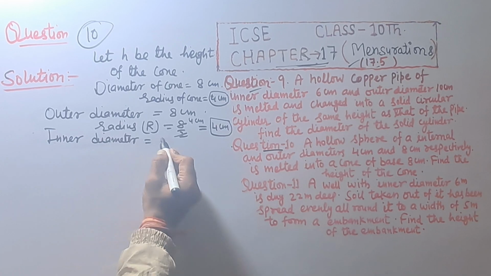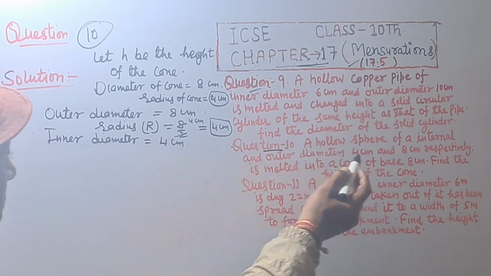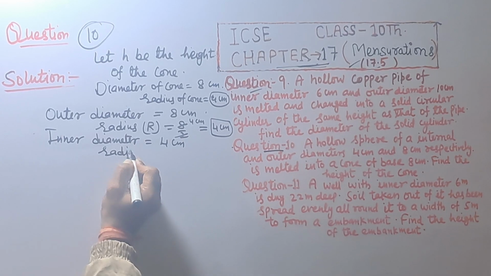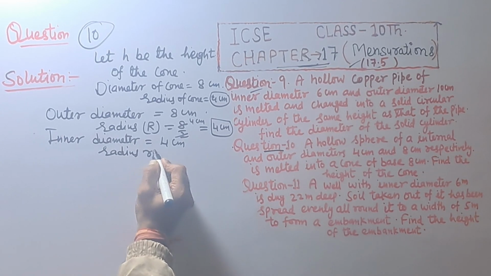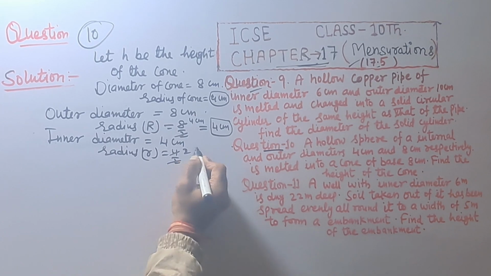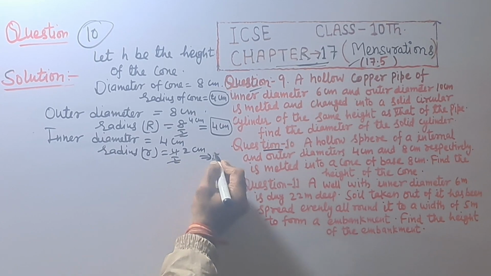Inner diameter is equal to 4 centimeter. Radius r equal to 4 upon 2, that is equal to 2 centimeter.